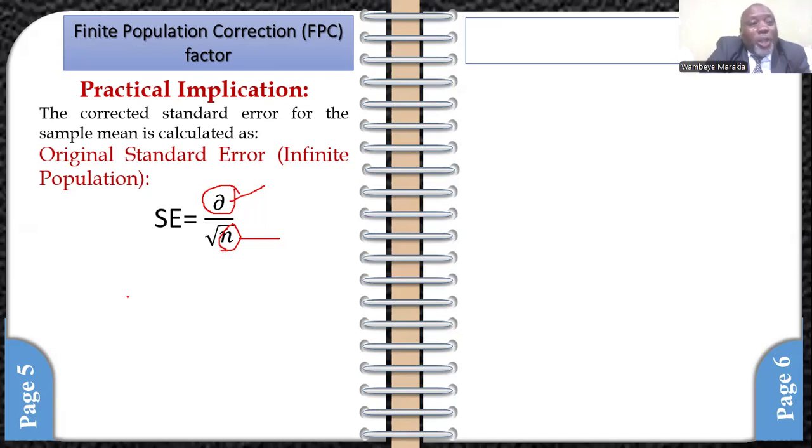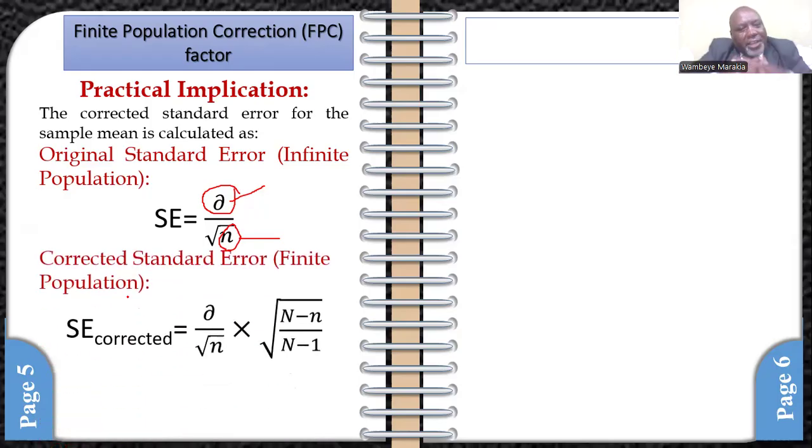Then we also have to calculate the corrected standard error, which is for the finite population. So the corrected standard error equals this infinite standard error, we bring it down like what you're having on the screen there, then we multiply it by FPC, which is finite population correction.